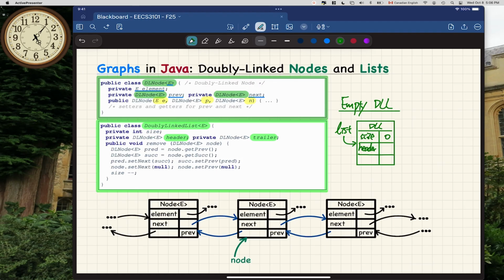And also you got trailer. Think about the header and trailer always exist in the list, even when the list is empty. So the header is actually going to point to some doubly linked node. Okay. And the trailer is also going to point to some doubly linked node, like that. And the header and trailer simply point to each other.